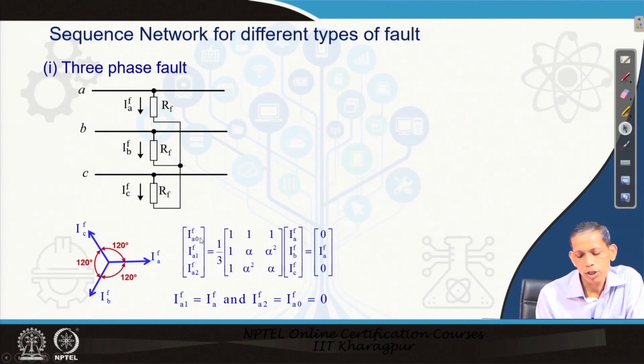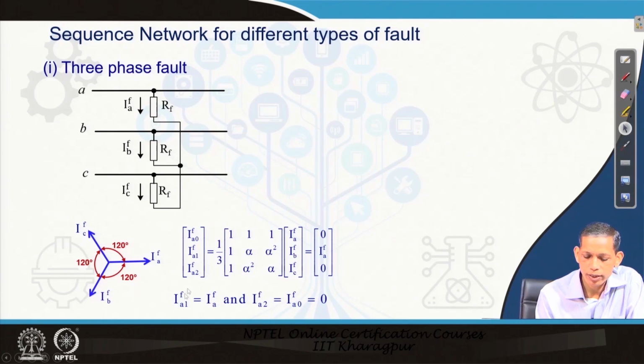Now, if you find the corresponding sequence components 0, 1, 2 for the fault conditions, by multiplying the T inverse matrix to the phase components IA, IB and IC, we see that the zero sequence component becomes IA plus IB plus IC, which is 0, and similarly the negative sequence component also becomes 0, and only the positive sequence component remains in this case.